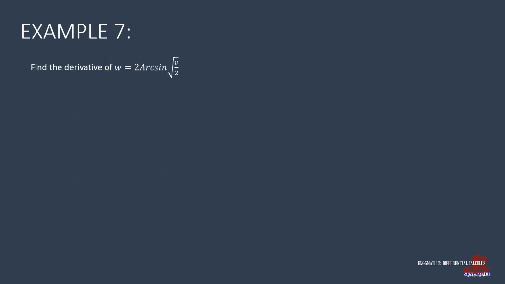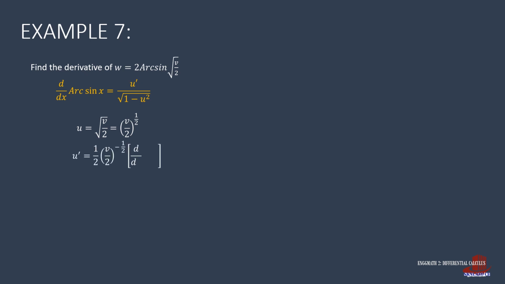Example 7 involves the function w is equal to twice of arcsine of the root of v all over 2. The derivative of arcsine u is u prime all over the root of 1 minus u squared. So from the premise, u is the root of v all over 2, which can also be written as v all over 2 raised to 1/2.